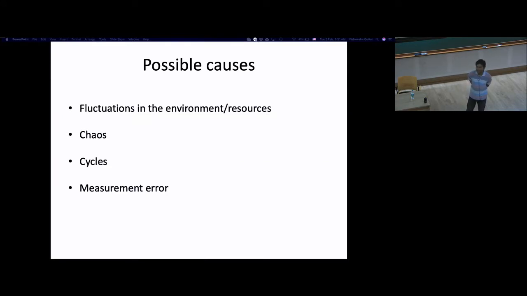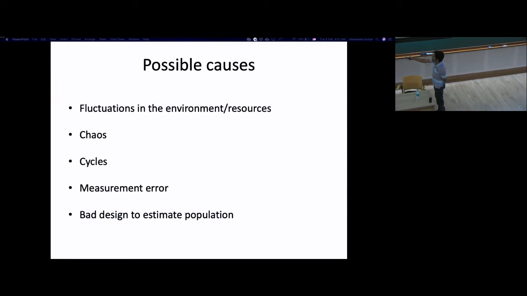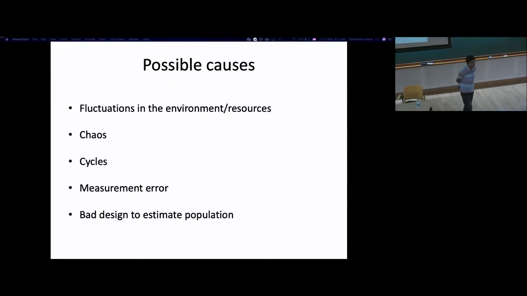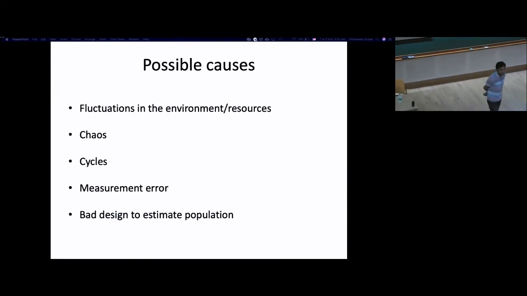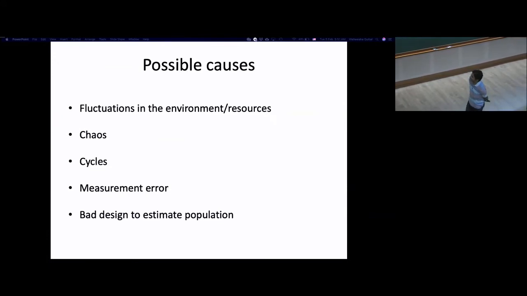And I'm again surprised nobody mentioned measurement errors, but anyway, that's also possible. Some person who is measuring all these things made horrible errors. Maybe there were actually 1 million midges, but that fellow went to a wrong area to count only 100. Possible. And not only a measurement error, but also if you do a very bad design in your study of how to count, you will end up with really wrong estimations of populations.